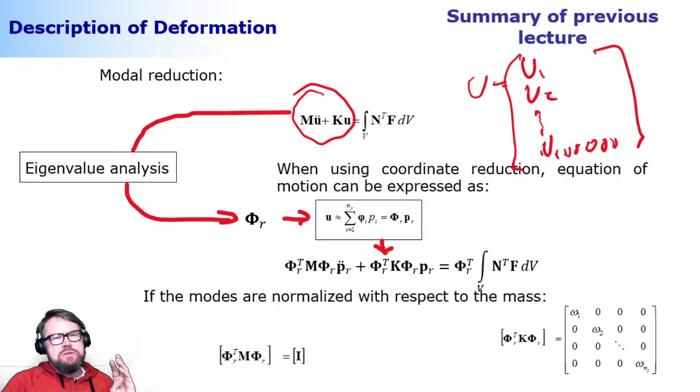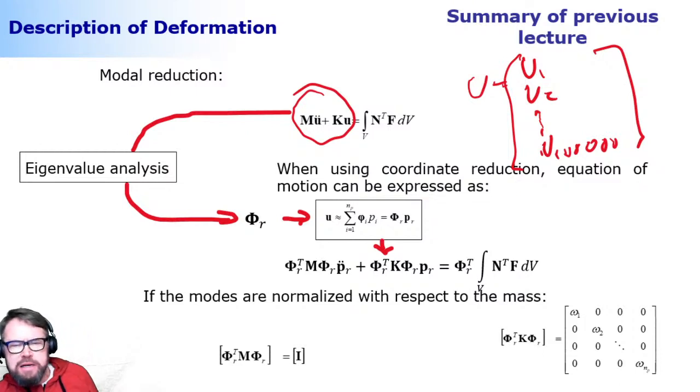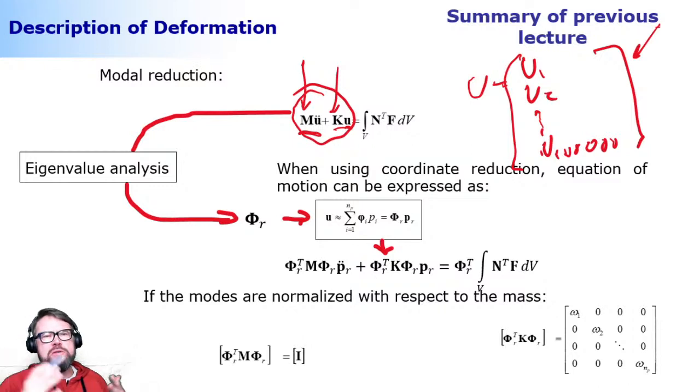So it's not related to forces. I'm going to take this mass multiplied by acceleration, stiffness multiplied by displacement. These are inertia forces and elastic forces, and I'm going to compute eigenvalues and corresponding eigenvectors using an eigenvalue analysis. That's going to give me the ways that these 100,000 degrees of freedom can move with respect to each other.